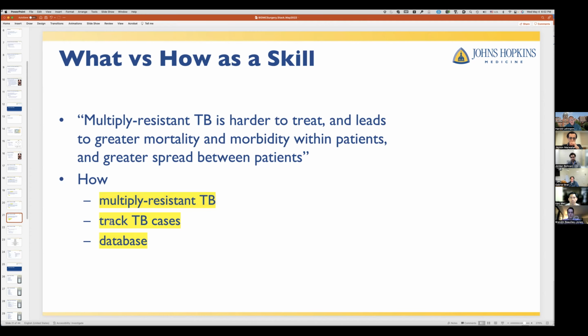Tracking TB, again, the public may not realize that patients might need, they may not know about case notification, although now everybody knows about case notification, but certainly a public health practitioner knows this. But so this is their what to the database how. And by the way, a lot of people in public health don't really know databases, and they don't teach informatics in schools of public health.